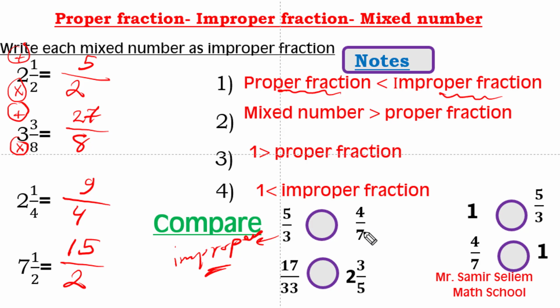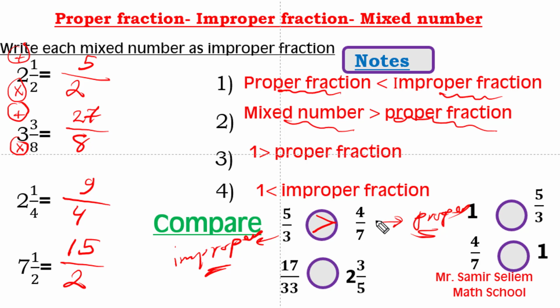And we have here 4 over 7. 4 over 7 is a proper fraction. Why? Because the top number is less than the bottom number. Now 5 over 3 is improper, and I said before a proper fraction is less than an improper fraction, so we will write greater than.